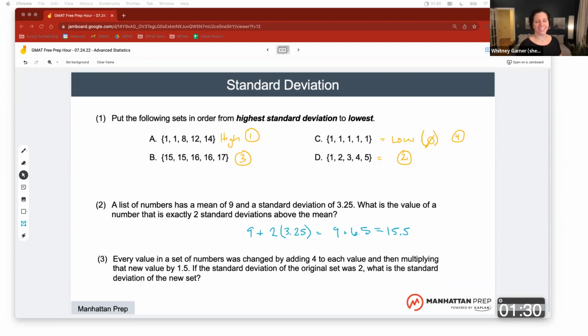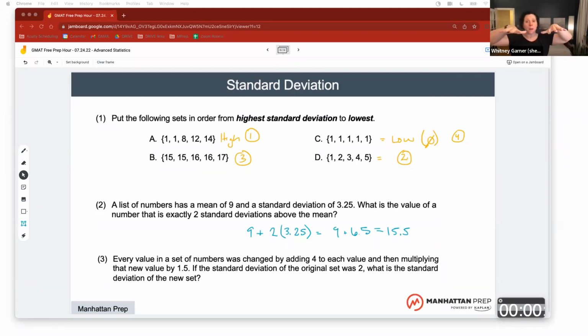All right. So beautifully done. The thing to note about standard deviation is that it moves along with what's happening or what's being adjusted on the set.